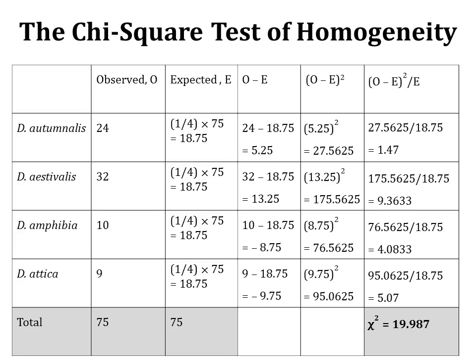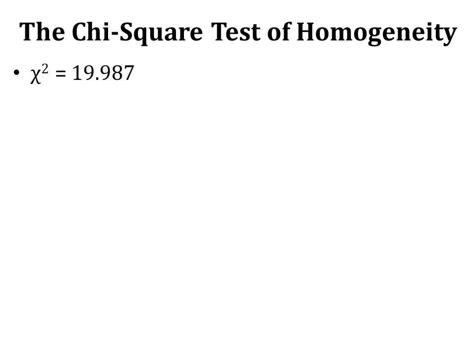Now we take the sum of these values: 1.47 plus 9.3633 plus 4.0833 plus 5.07, and our sum is 19.987. So this is the value of our chi-square, our calculated value.